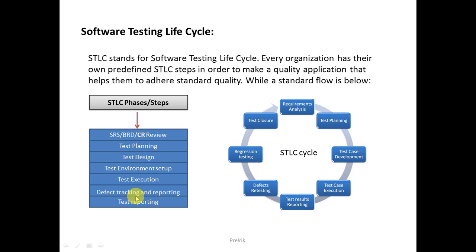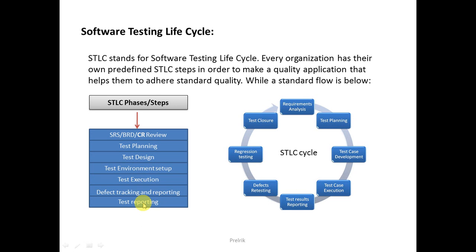There are multiple tools available in the market like Bugzilla, Jira, Mantis, and HPQC. These are some tools that you can use to manage your bugs and defects. Next is test reporting. In test reporting, there will be multiple things created and signed by the test leads or the test manager.